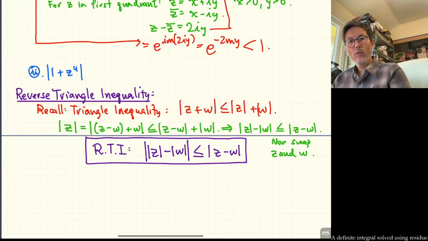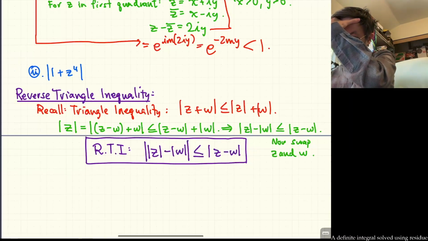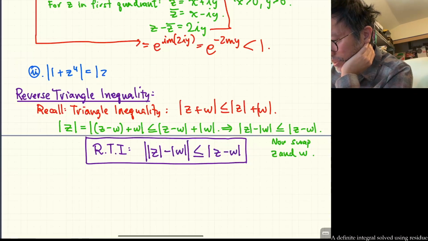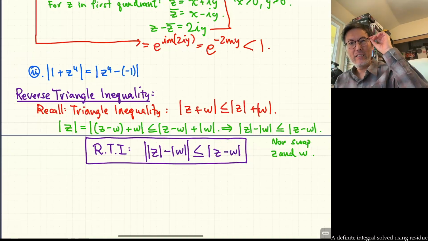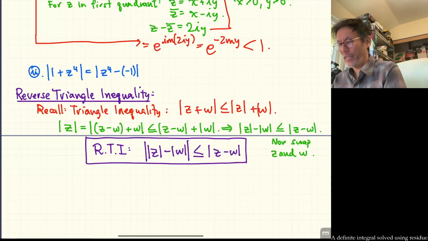Okay, so that's a little bit of an aside. Now let's go back to this blue thing here, and how are we going to use it? Well, I'm going to rewrite this as z to the fourth minus negative 1. That's just a basic trick. I'm subtracting a negative, and that gives me a positive.